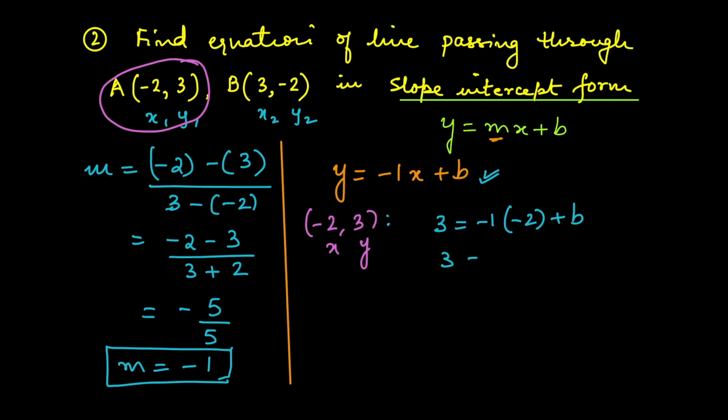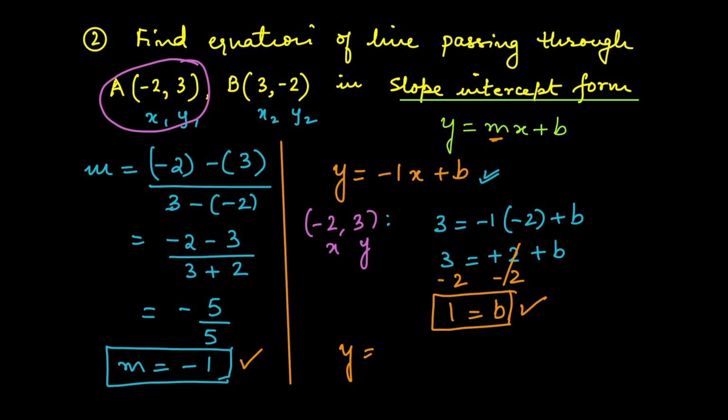So minus 1 times minus 2 is positive 2, plus b. Now to isolate b, we subtract 2. So we get 1 equals b, so b is 1. So we write the final answer as y equals minus 1 times x plus b, where the b value is 1. So this will be your final answer.